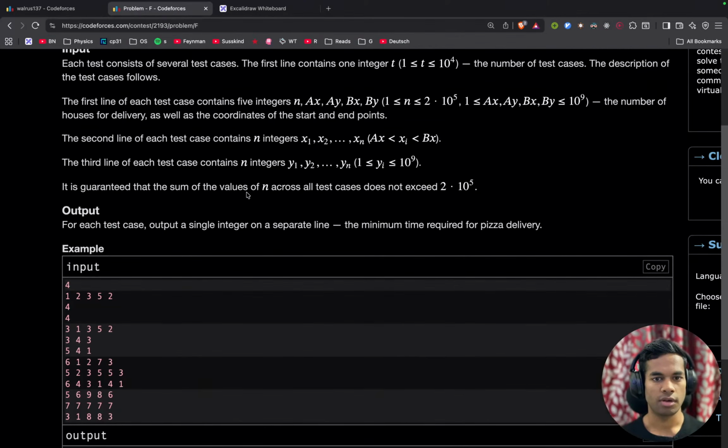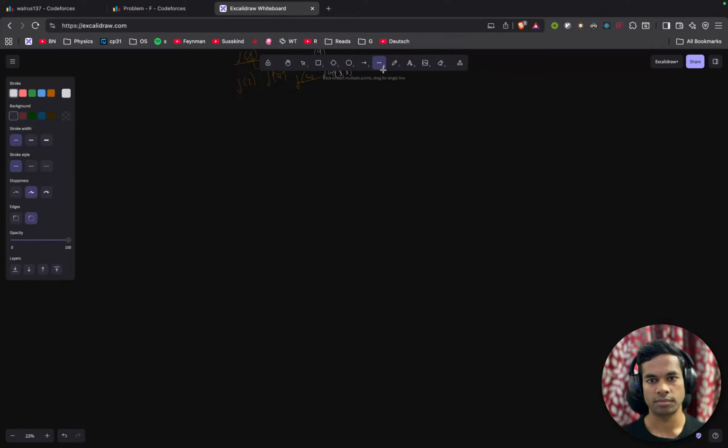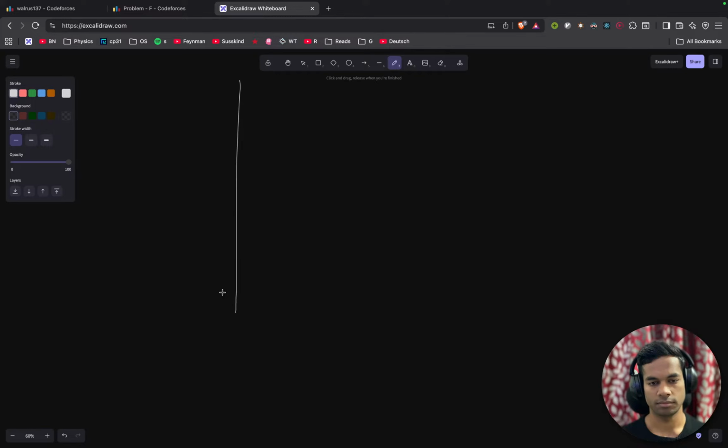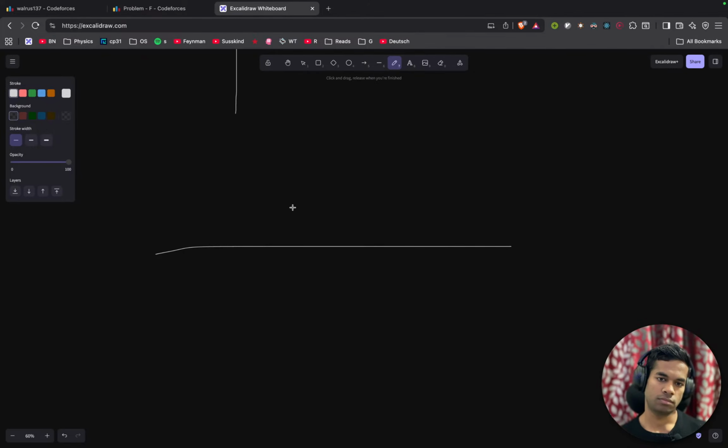This problem. Okay, so what we have here is we are at a point on the x-axis and we cannot go back on the x-axis, and then on the next positive x-axis point there are multiple points, we have to go to all of them, and then on the next layer there are other points, and then other points, and so on till there is a last point at the end.